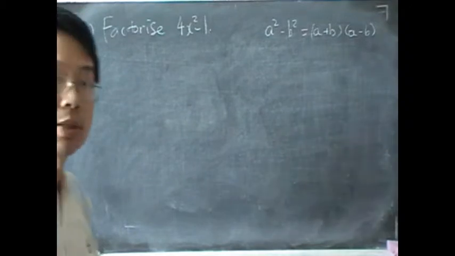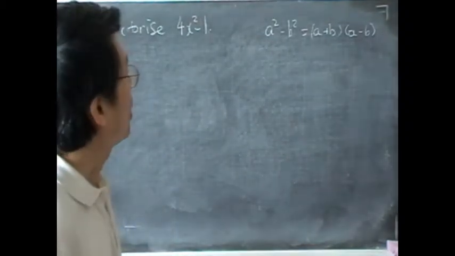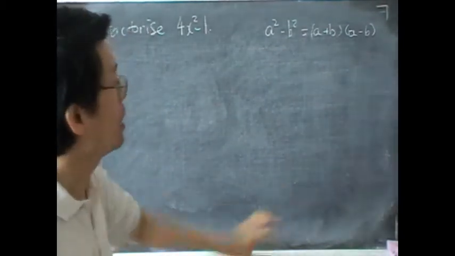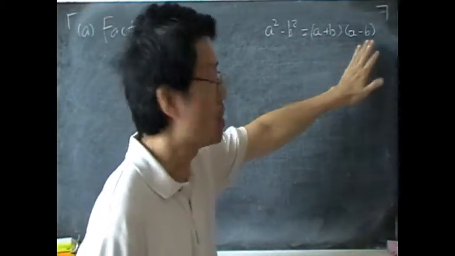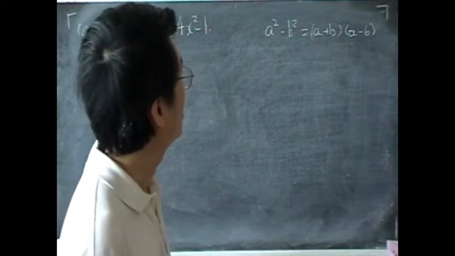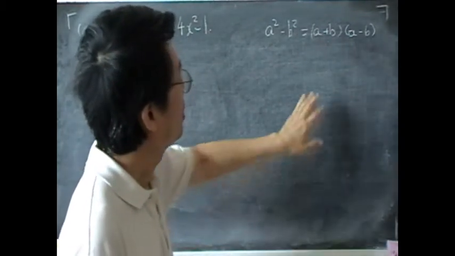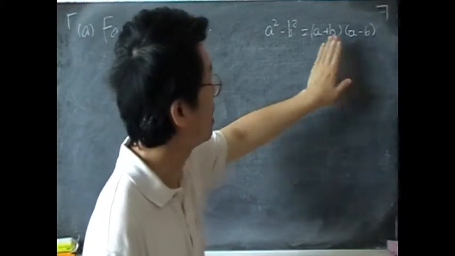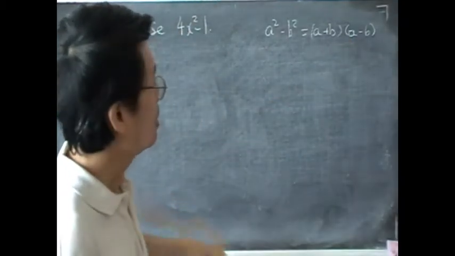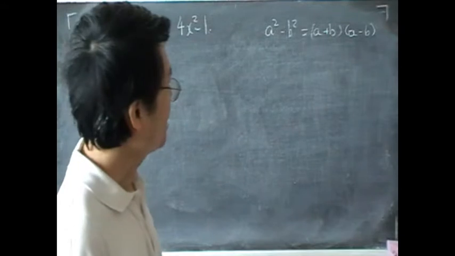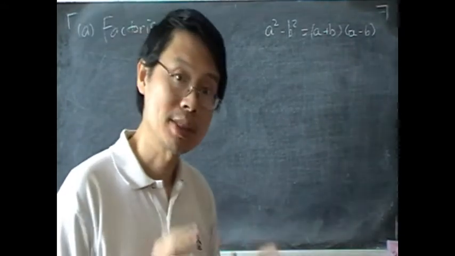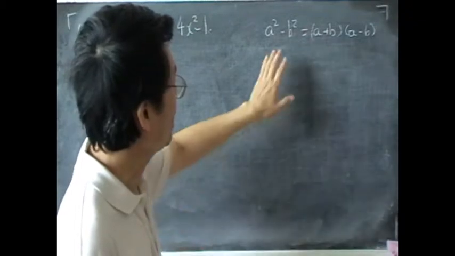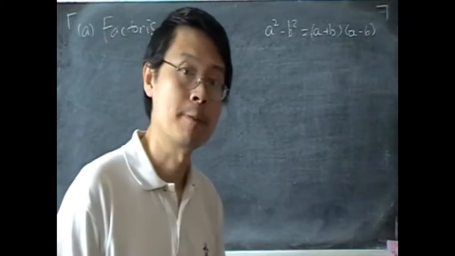This is a standard formula, and to understand this, we can expand the right hand side, by removing the brackets one at a time, and check that when we simplify, we will get the left hand side.